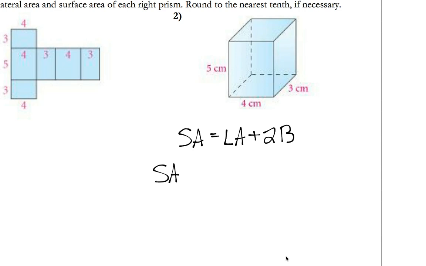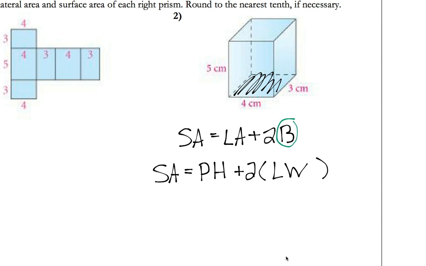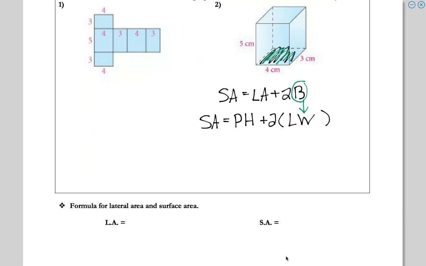So surface area equals, remember lateral area is the perimeter of the base times the height plus 2B. Now what is capital B? Since it's a rectangle, it's going to be length times width, just like we did for volume.